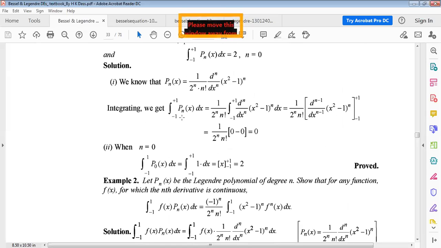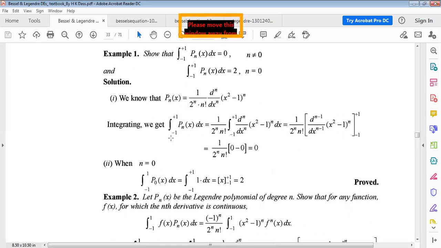Now integrating, we get the integral from minus 1 to 1 of Pn(x) dx equals 1 by 2 to the power n, n factorial, times the integral with lower limit minus 1 and upper limit plus 1 of the nth derivative d^n/dx^n.